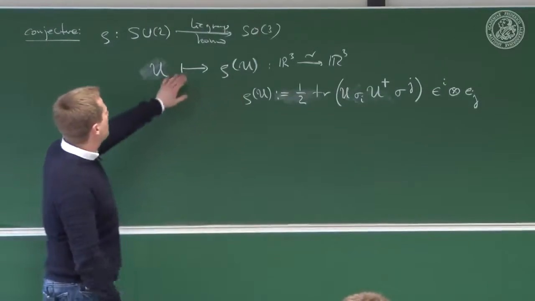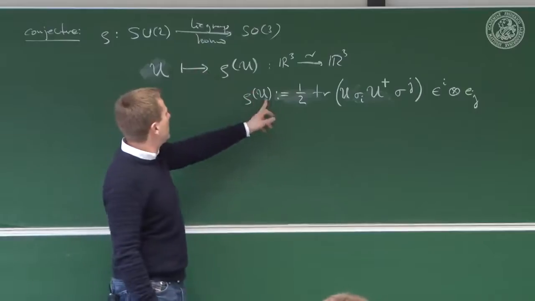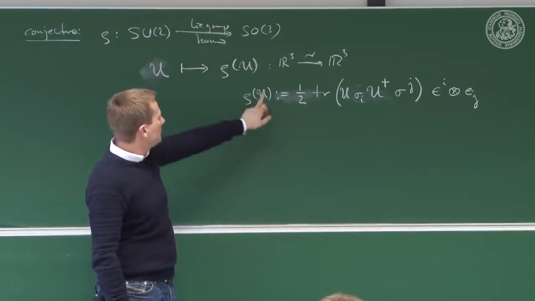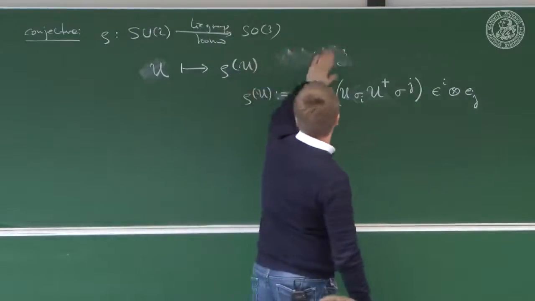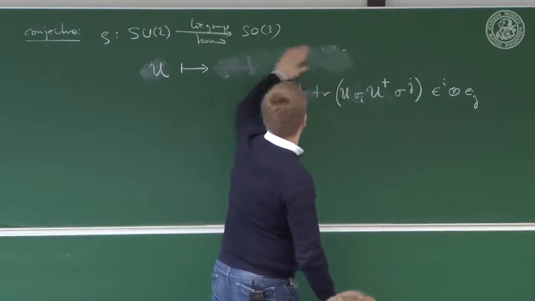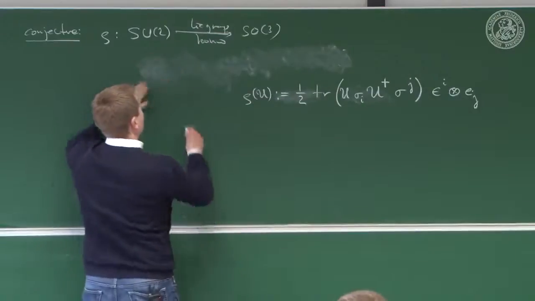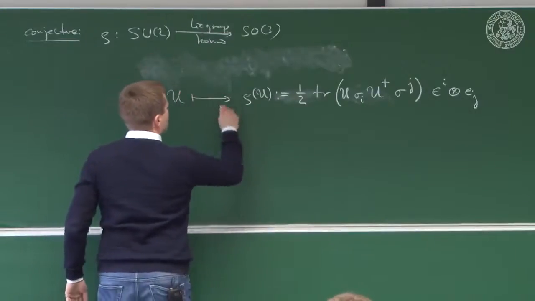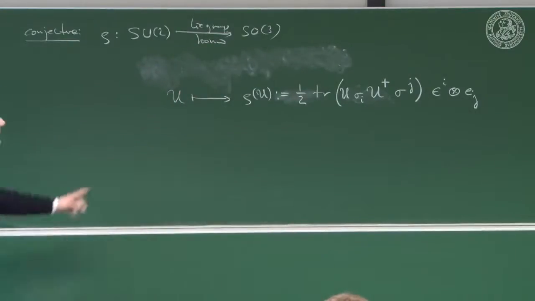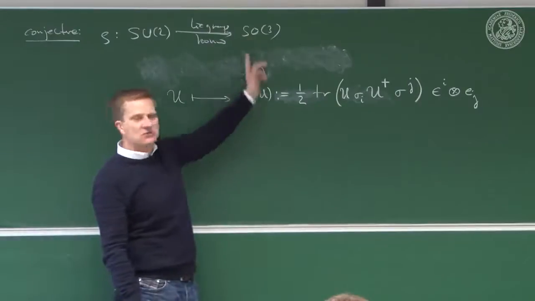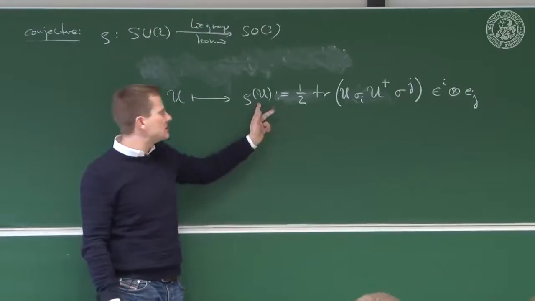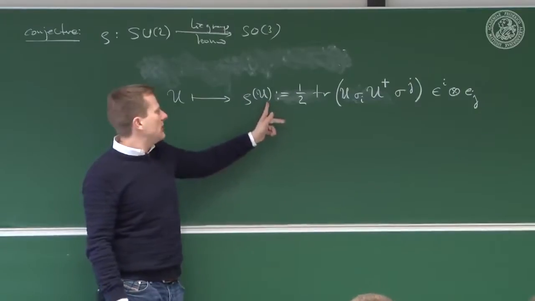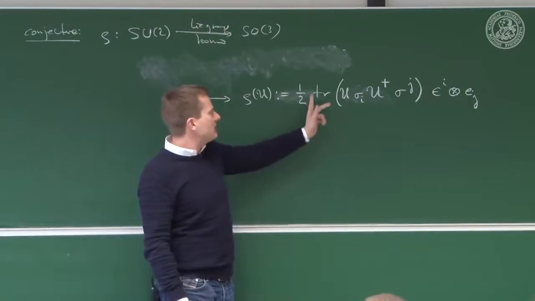So with an SU2 matrix U, I associate an SO3 matrix. I claim it's an SO3 matrix. We have to show this. Rho of U is defined by 1/2 the trace.